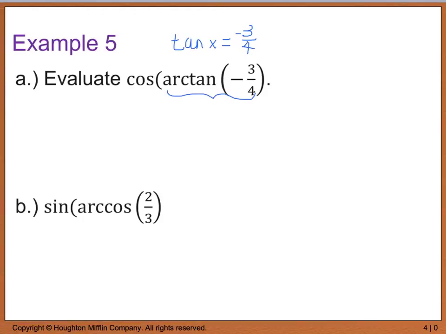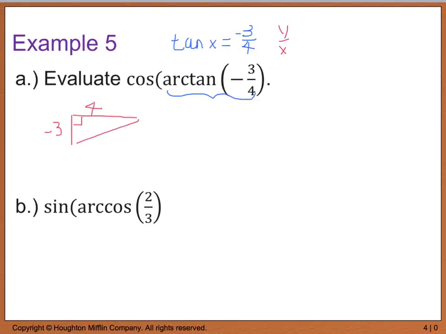And I know that tangent is really y divided by x, so that tells me that my y value is -3, so I'm going to go down 3 units, and I'm going to go over 4 units. So my right triangle is going to look something like this.